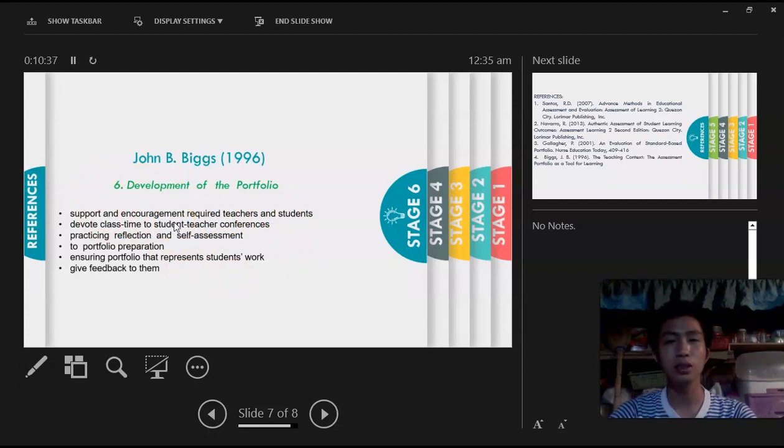At this stage, class time can be devoted to student-teacher conferences, to practicing reflection and self-assessment, and to portfolio preparation. Stress the importance of reflection and self-assessment while preparing the portfolio. These are essential questions the teacher can use to guide students in reflection and self-assessment.